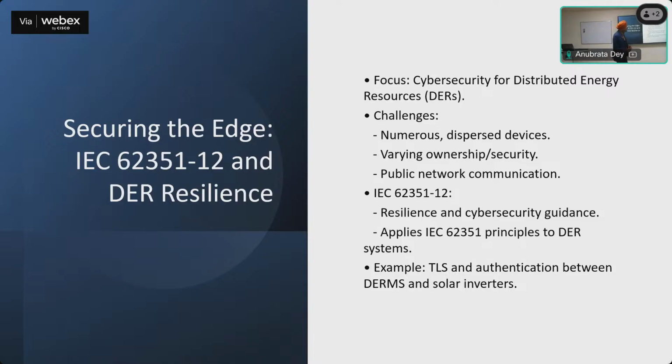And the issue here is that there are so many and they are dispersed devices, right? And they have varying ownership and varying security. Everyone is at a different level, okay? And also there is public network communication. They usually communicate over public networks, these DERs, okay?